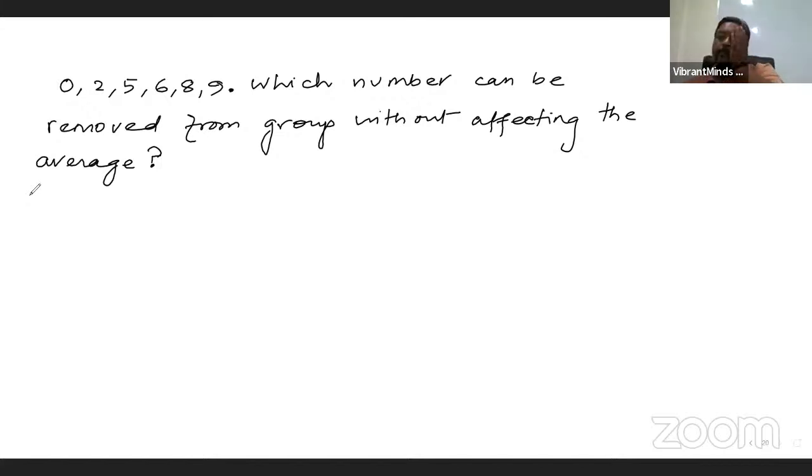Clear? Now, how to do it? Understand, there is one great concept hidden here. You must understand.